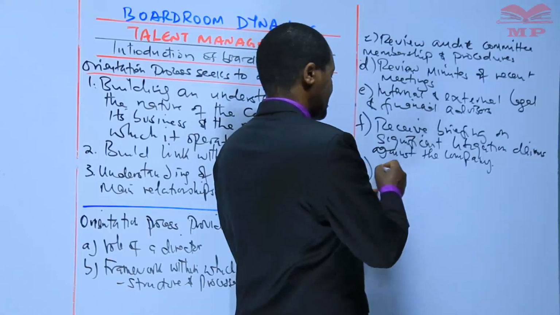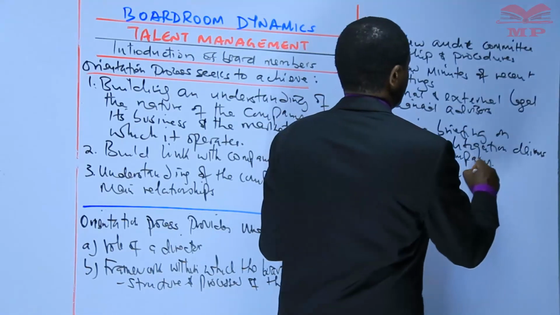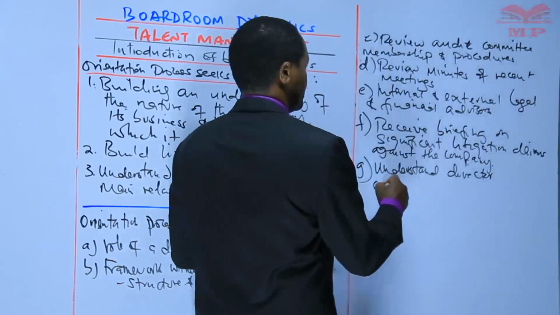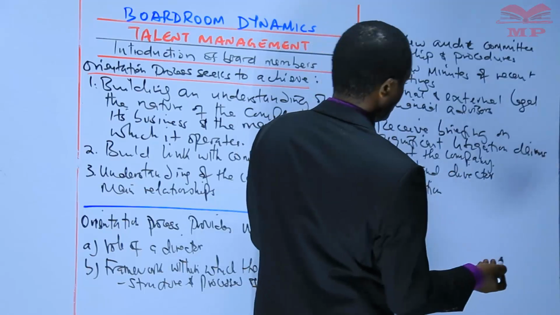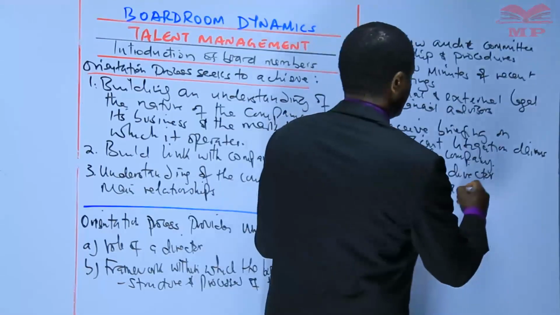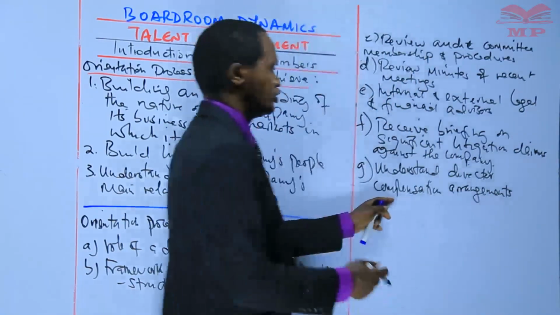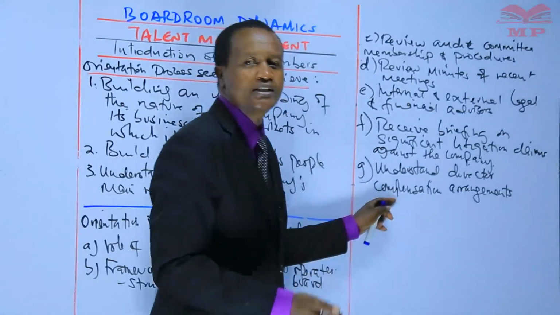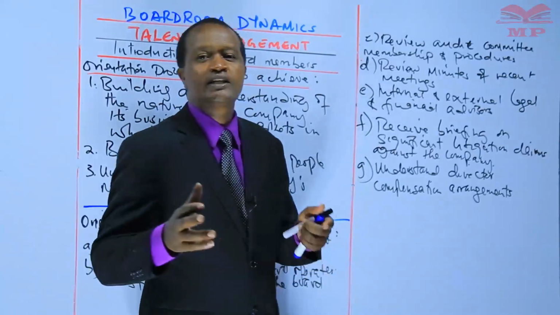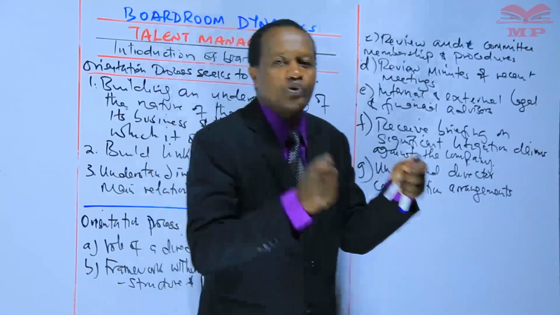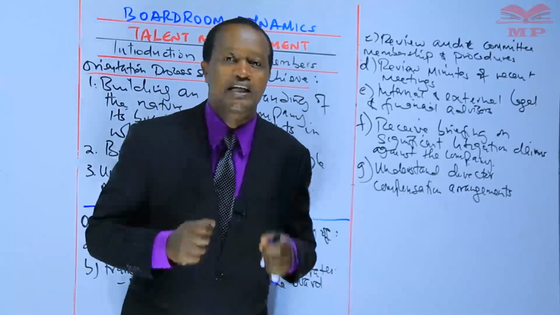He should understand director compensation arrangements. It should be made to understand the director compensation arrangements and also determine whether they are commensurate with the effort that is required and the risks undertaken.